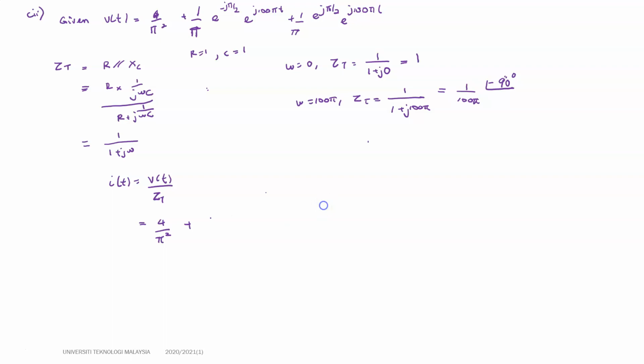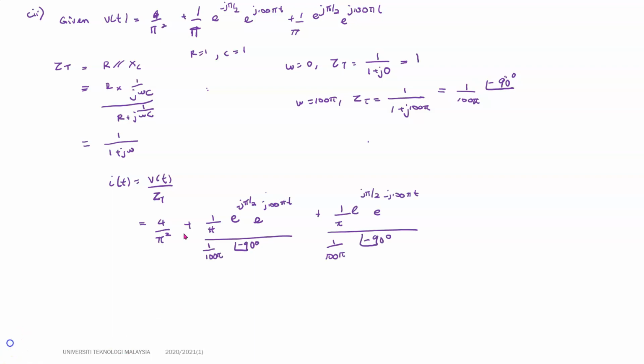So 1 over pi exponent negative j pi over 2. I just write this back for you, VT up here divided by ZT. And for this part we divide by 1, so we get the same answer as well. So solve for this.